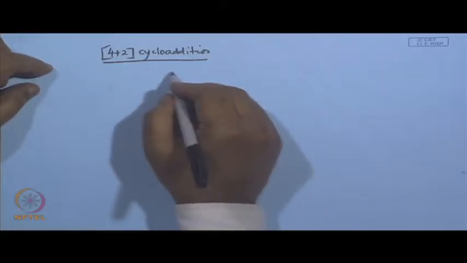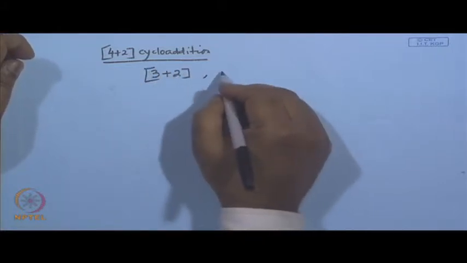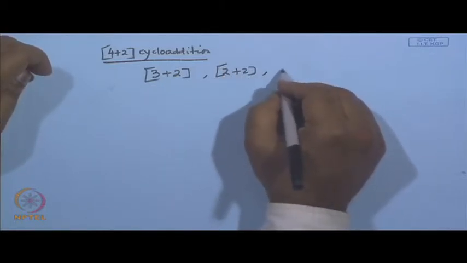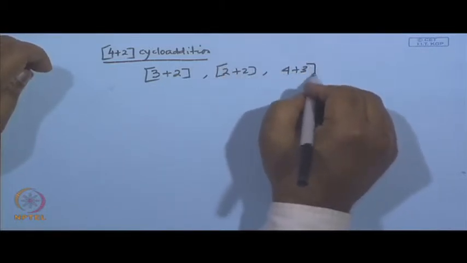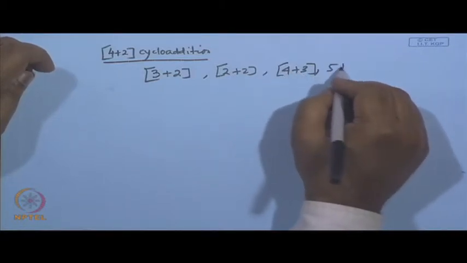For example, there is a class of reactions we will also talk about in the next class, called 3+2 cycloaddition reaction. So, 4+2 is one of them, right. And there is a class called 3+2, also a class called 2+2, and then all kinds of 4+3, then 5+2.